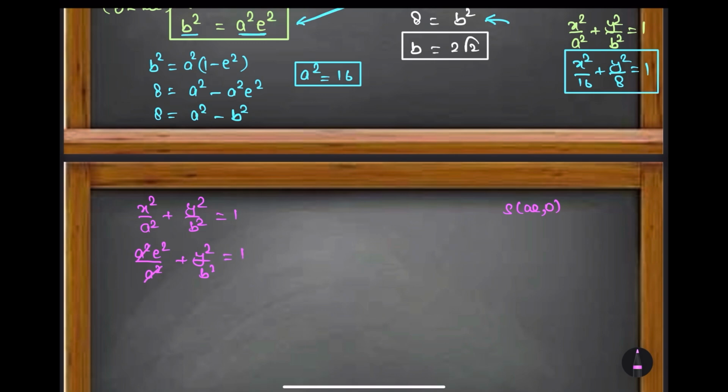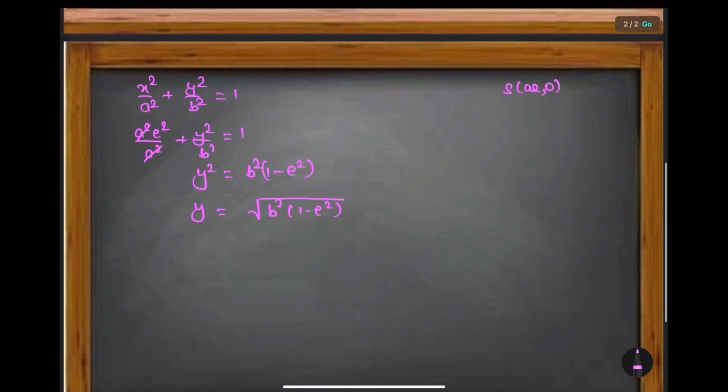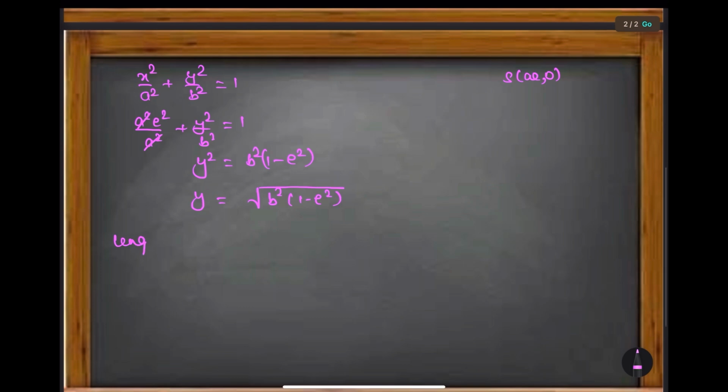This thing is gone. So y square is equal to 1 minus e square times b square. So y will be equal to, I'll be dealing with positive things only, b times root of 1 minus e square. Correct? Now can I say that the length of the latus rectum will be equal to 2 times b root of 1 minus e square? Now have you ever seen 1 minus e square?